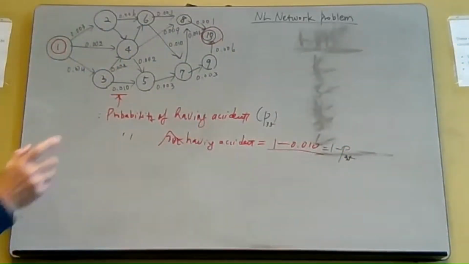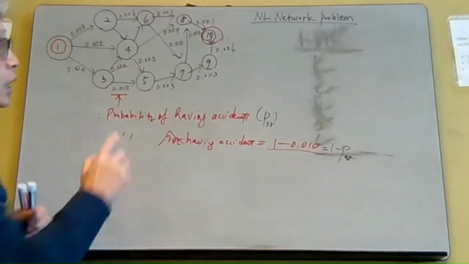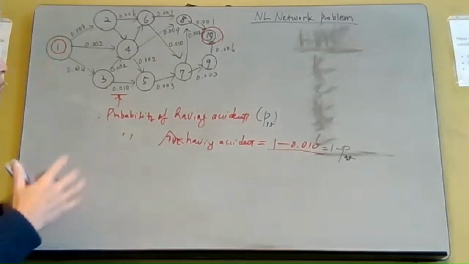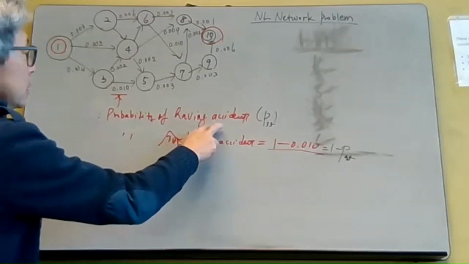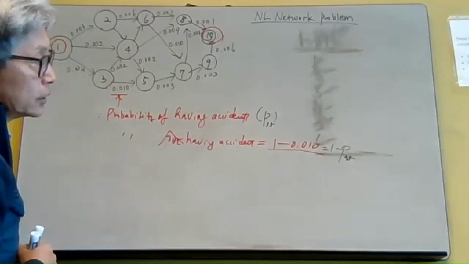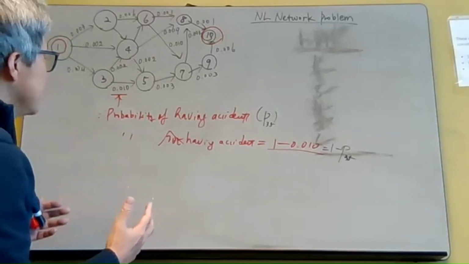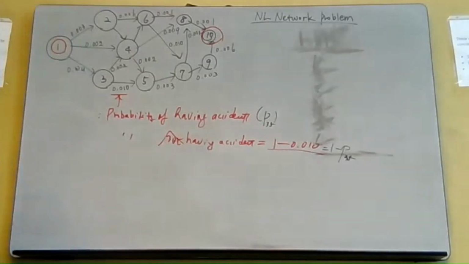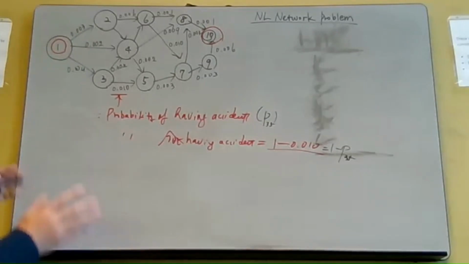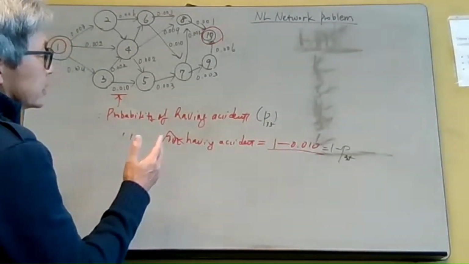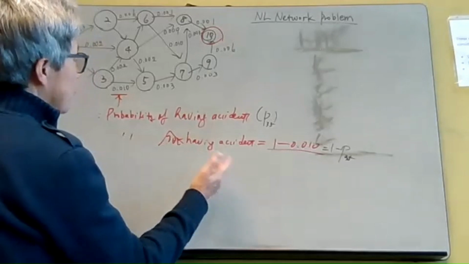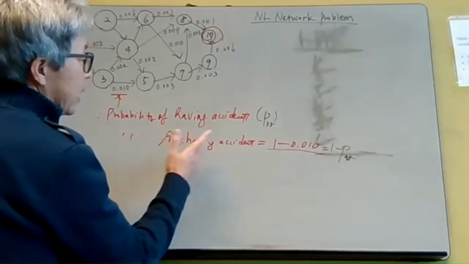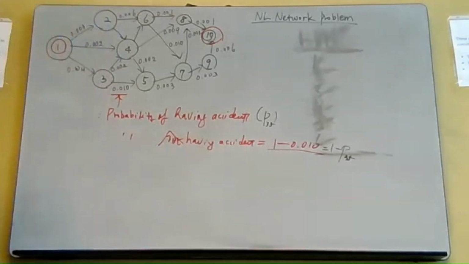So we try to find a route to minimize the probability of having an accident, or maximize the probability of not having an accident. So the company wants to find the safest route. So we want to maximize the probability of not having an accident.